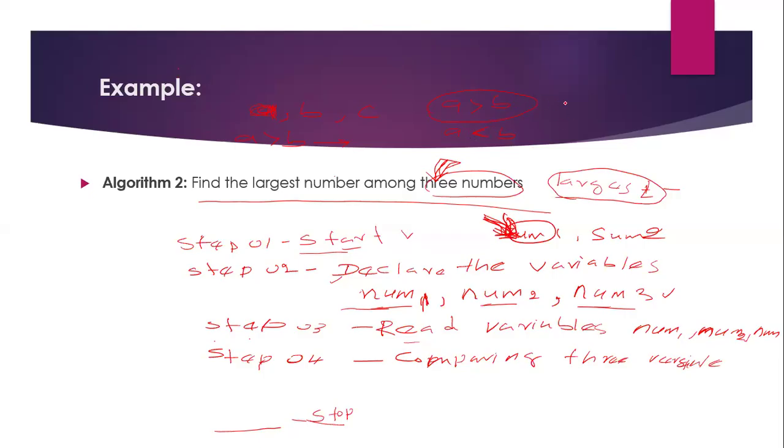Now, if I take A greater than B, there is also the possibility of A greater than C. I take A greater than B, then there is a possibility of A greater than C. If A is greater than C, then what happened? What is the largest number?